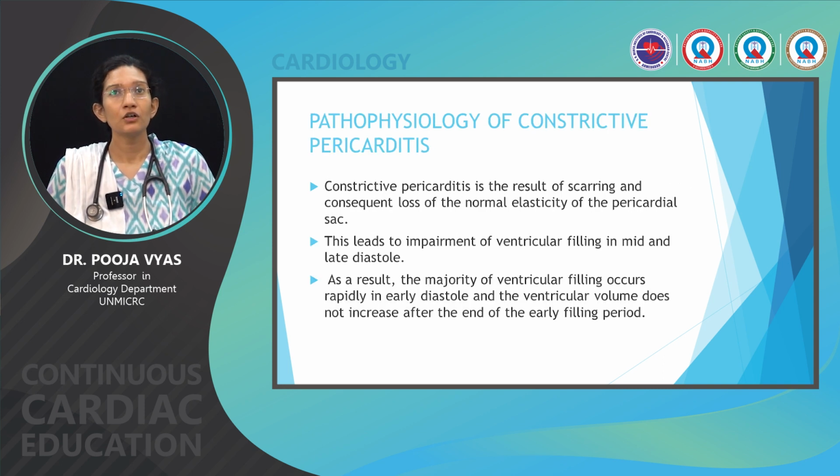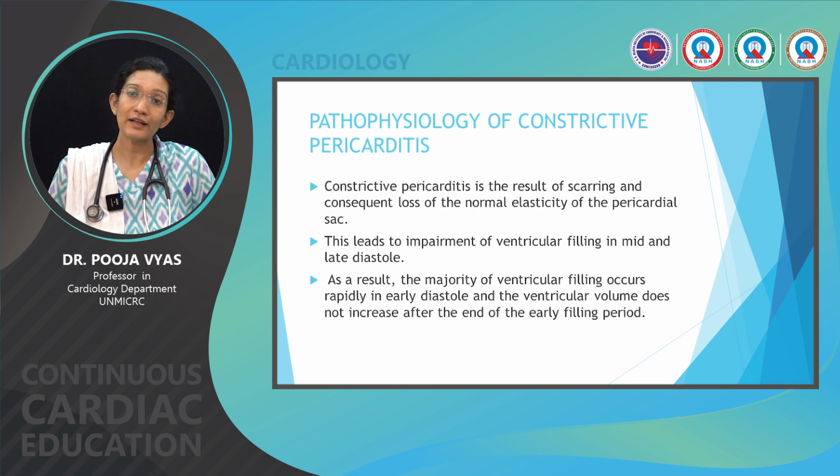Constrictive pericarditis happens due to scarring and loss of the normal elasticity of the pericardial sac, and so it leads to impairment of ventricular filling in mid and late diastole. As a result, the majority of ventricular filling happens during early diastole, and the ventricular volume does not increase after the end of the early filling period.